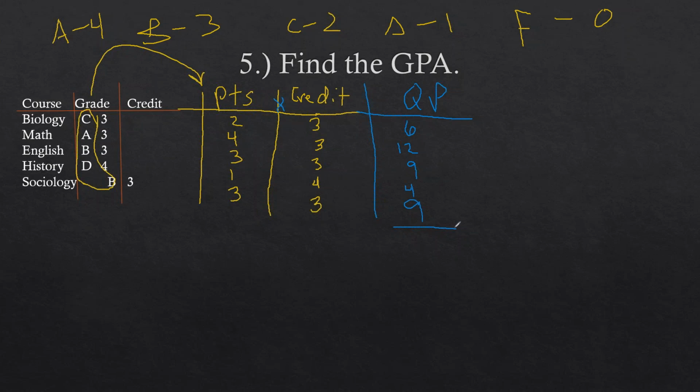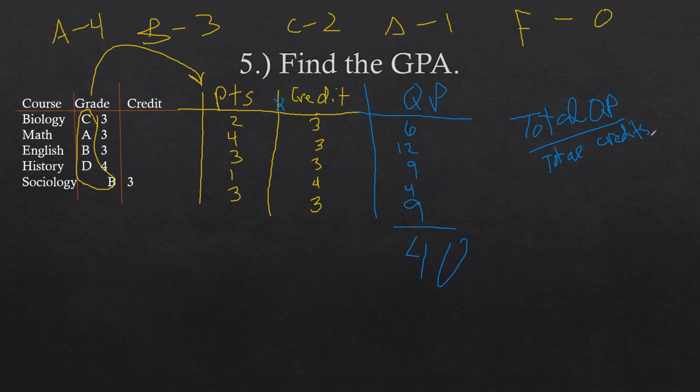So, how many total quality points do we have? 40. All right. So, again, our division process, total quality points, we're dividing by total what? Points or credits? Credits. Very good. And if you think about it, your numerator is basically the total points, because you got points per credit.